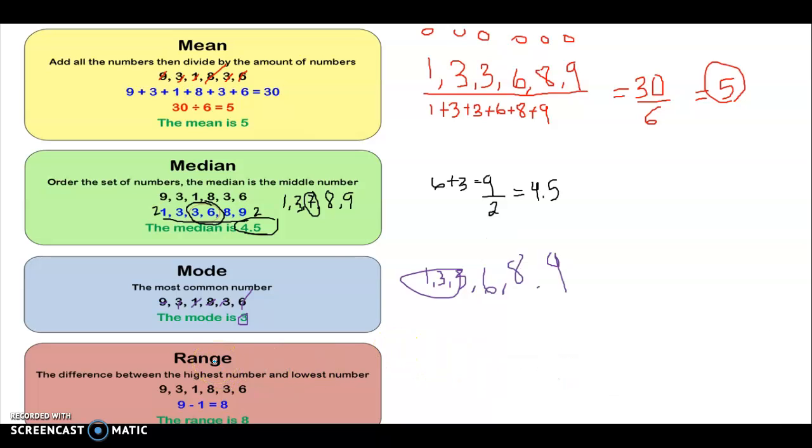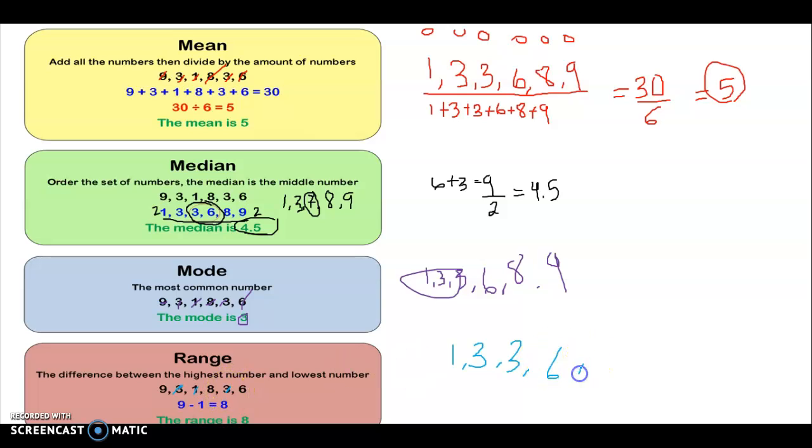The last one is the range. It is the difference between the highest number and lowest number. So here we arrange them from least to greatest. So it's 1, 3, 3, 6, 8, and 9. Sorry about the background noise.